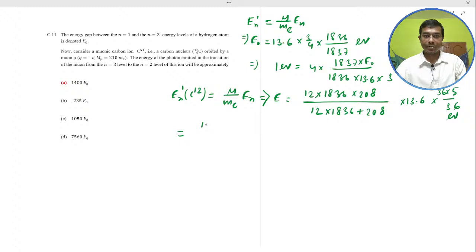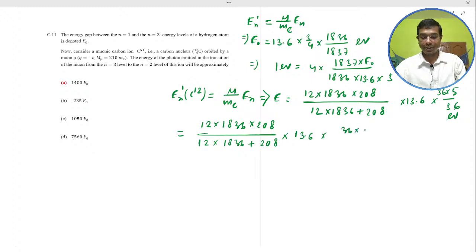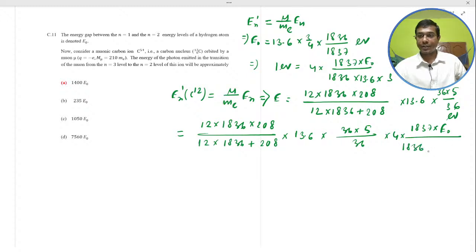Just calculate 12 into 1836 into 208 divided by 12 into 1836 plus 208, into 13.6 into 36 into 5 by 36, into 4 into 1837 into E naught divided by 1836 into 13.6 into 3.